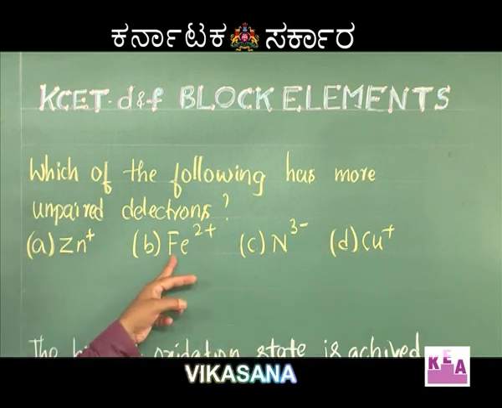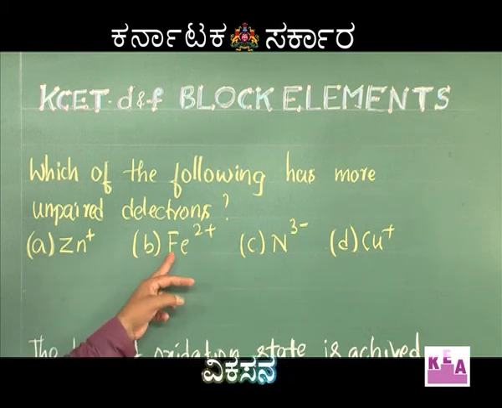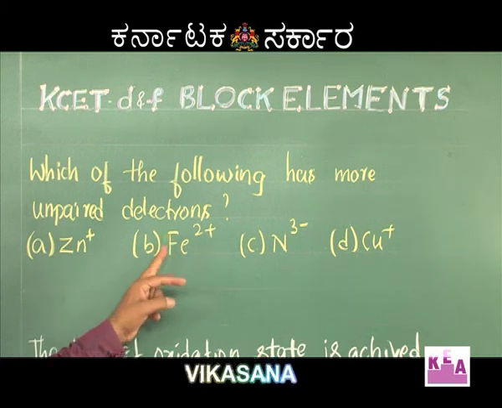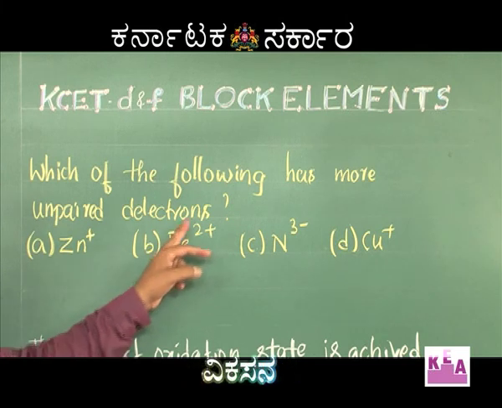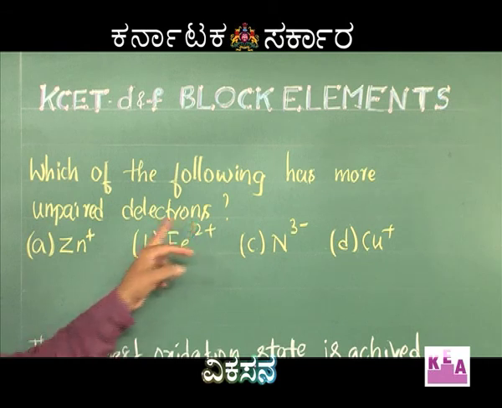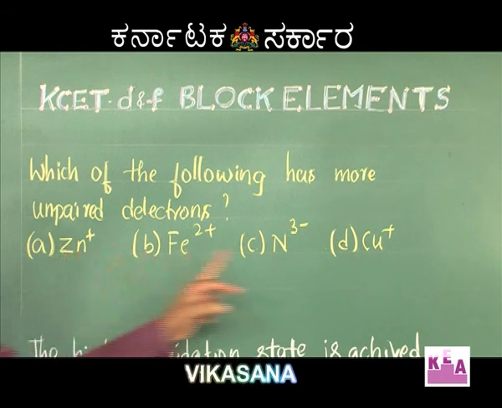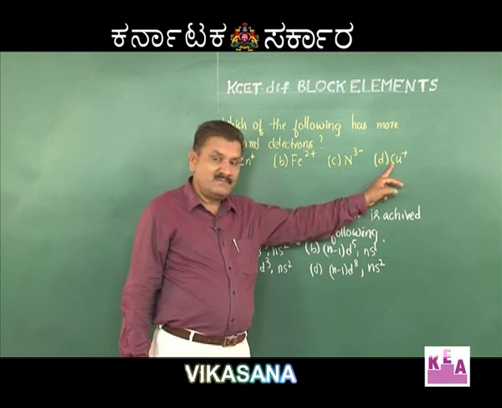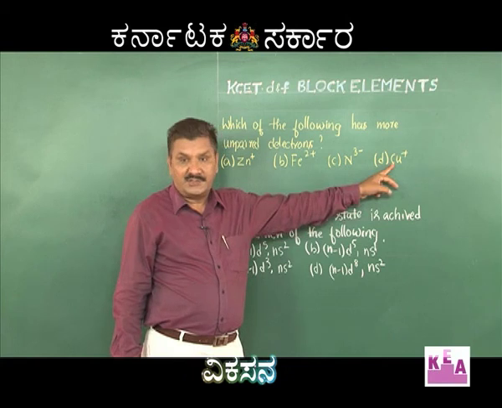Now the remaining option is Fe2+. Fe2+ configuration is argon configuration followed by 3d6. When it has 3d6 configuration, there are 4 unpaired d electrons in Fe2+. Look here again, Zn+ and Cu+ do not have unpaired d electrons.